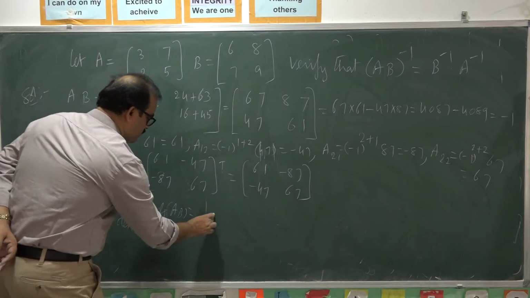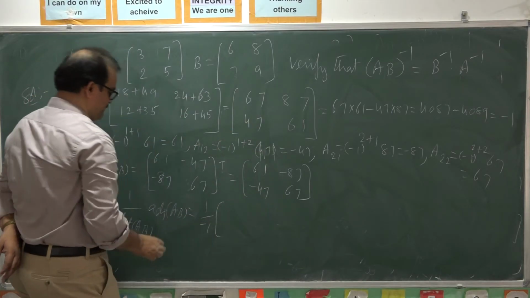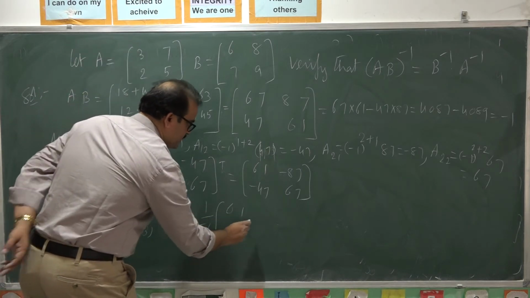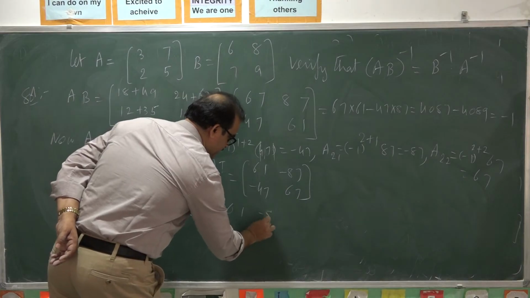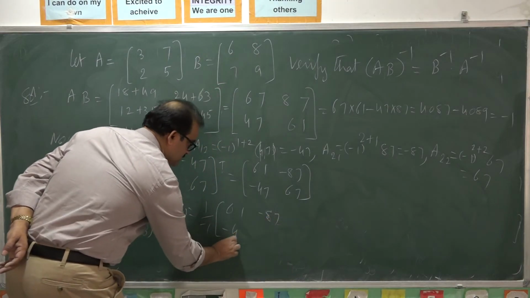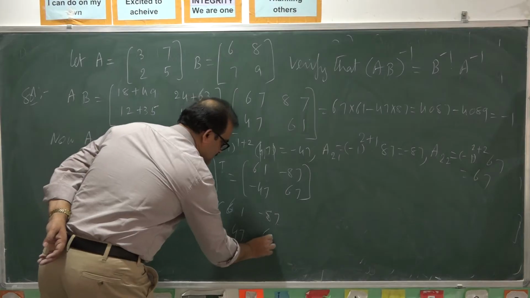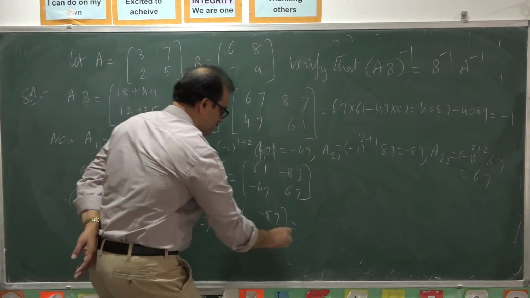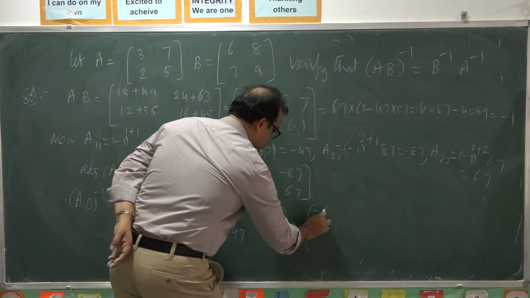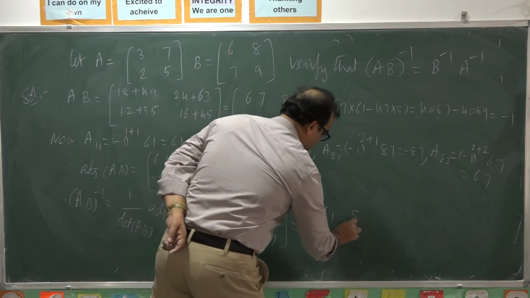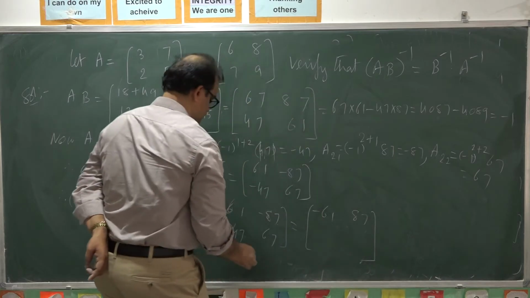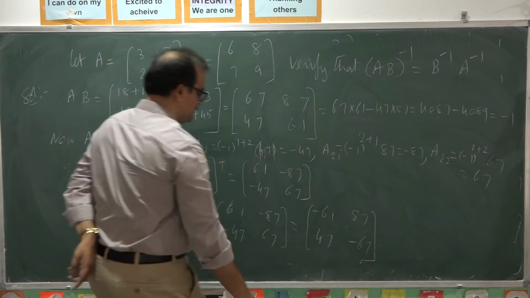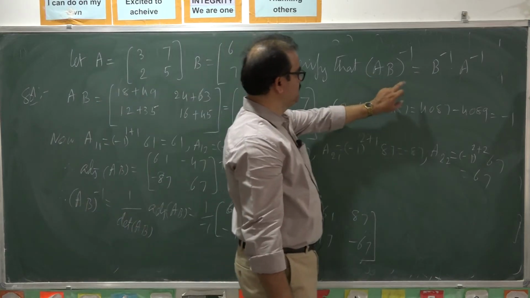Minus 1. 1 by minus 1 into, what is adjoint AB? 61, minus 87, minus 47, 67. Multiply each element with minus 1. You get minus 61, 87, 47, minus 67. This is the value of LHS.